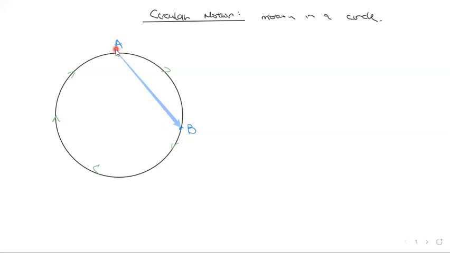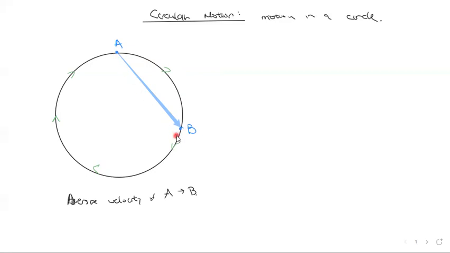Now, that's the velocity and displacement from A to B, which takes some time, yes? So that's the average velocity. But to get there, I went along this curve. I didn't go in a straight line.